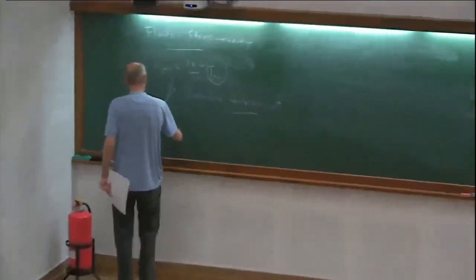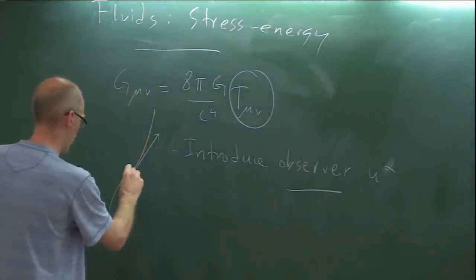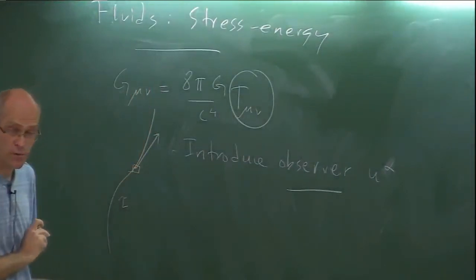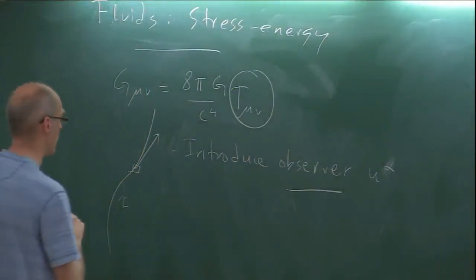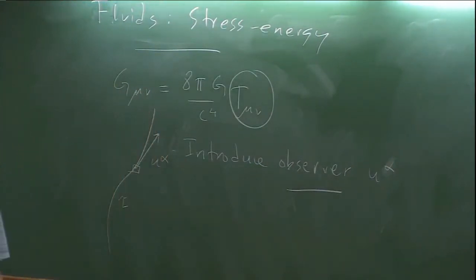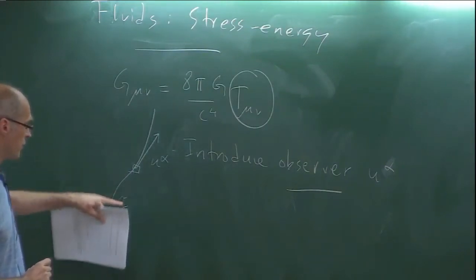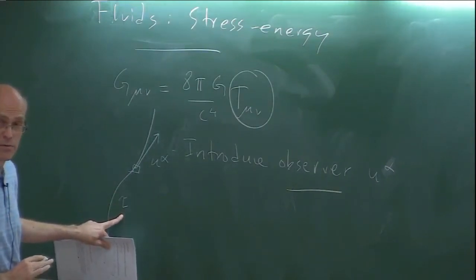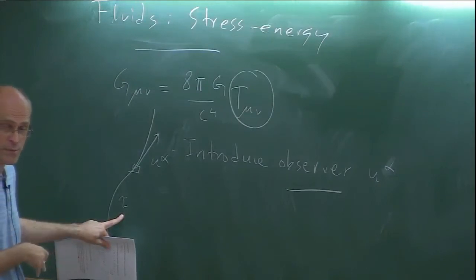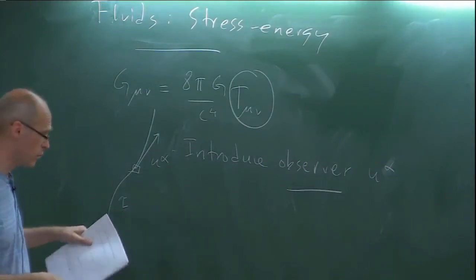And then as per usual, I have a world line, how this little box of material flows through space-time. And the U alpha is just a tangent to that world line at any given point. And I measure, naturally associated with this world line, the proper time tau. So this is a curve tracing out in space-time with tau as the parameter. So this is the usual way to do it.